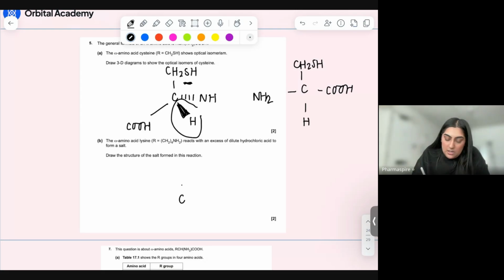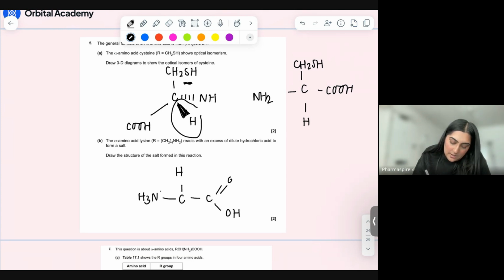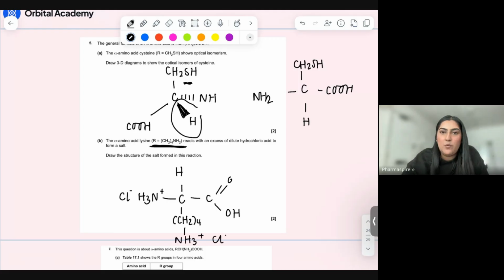So if we drew it, you have your H at the top, you have your R group. Let's get our ammonia out of the way. So we have H3N plus. I would just draw my Cl minus like that. Now, the issue is, do you see your R group? That's also got an amine in it. So you need to be able to deal with that. CH2, 4. So then you have NH3 plus Cl minus. Is everyone happy with that?